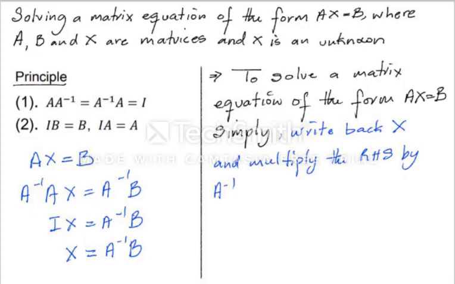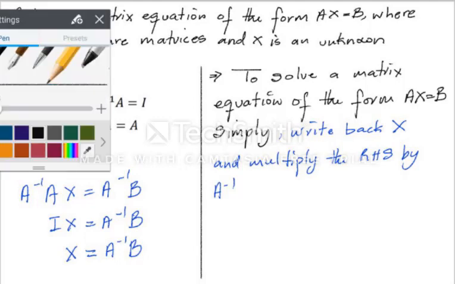So in a sense, essentially, in solving a matrix equation of the form AX is equal to B, we're basically going to jump these two steps.